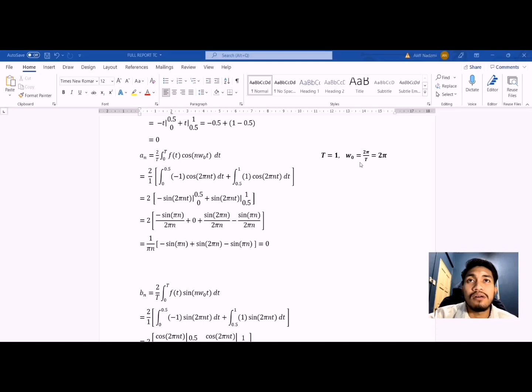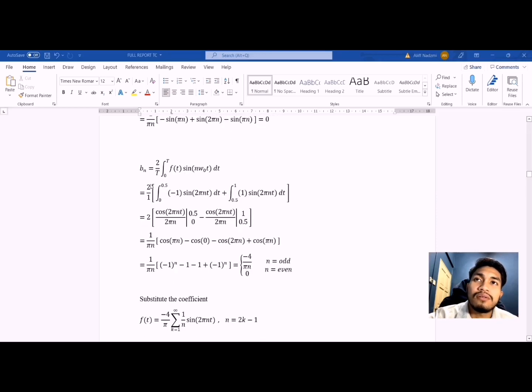We just replace the omega naught, and the final answer we have is 0. Next for the Bn, by using the formula given to find the Bn value, we will have a value of negative 4 over pi n when n is odd, but it will become 0 when the n value is even.